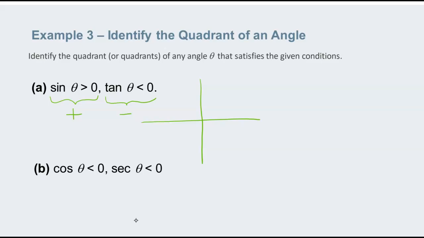Well, because one of them is negative, we know that it can't be quadrant 1 because everything has to be positive here, right? In this quadrant down here, in the fourth quadrant, we know that the cosine is positive, but not the sine. So I don't think it's going to be quadrant 4.